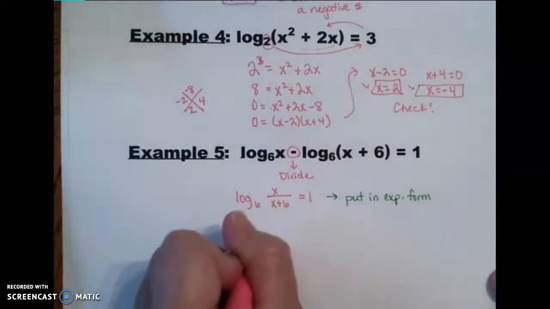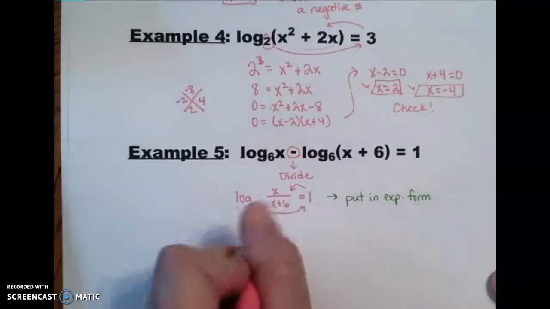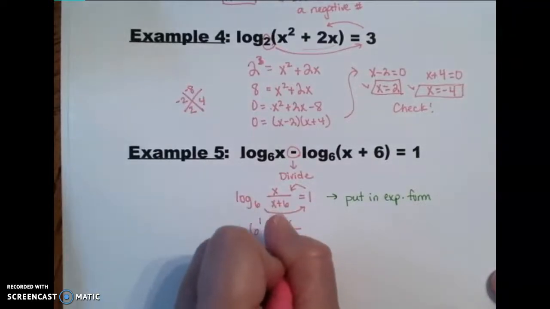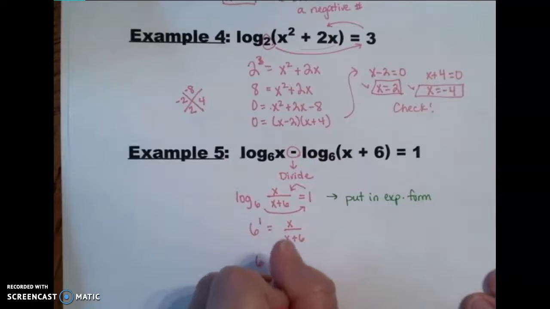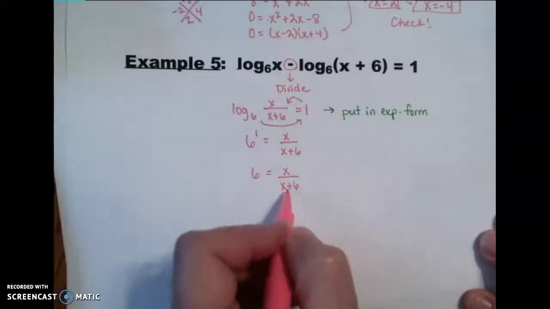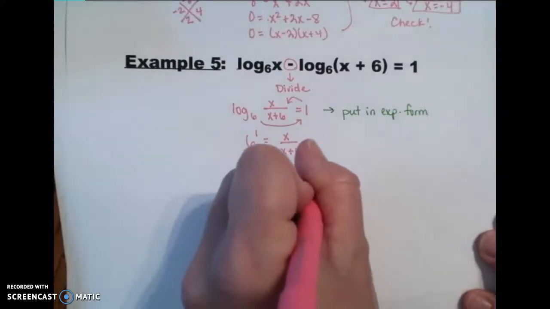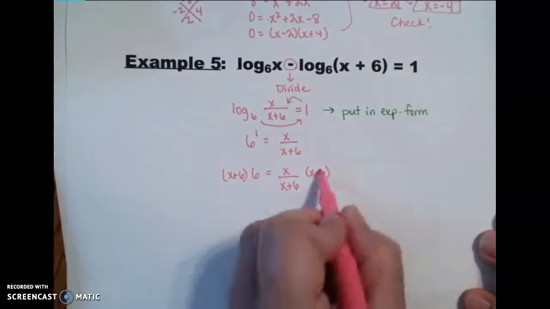So we're going to take that base, go out, come back. Okay, so we have 6 equals x over x plus 6. Again, to get rid of that fraction, we want to multiply by the denominator on both sides.